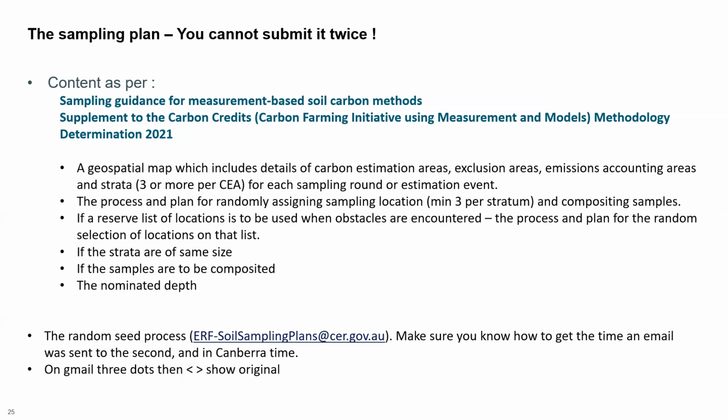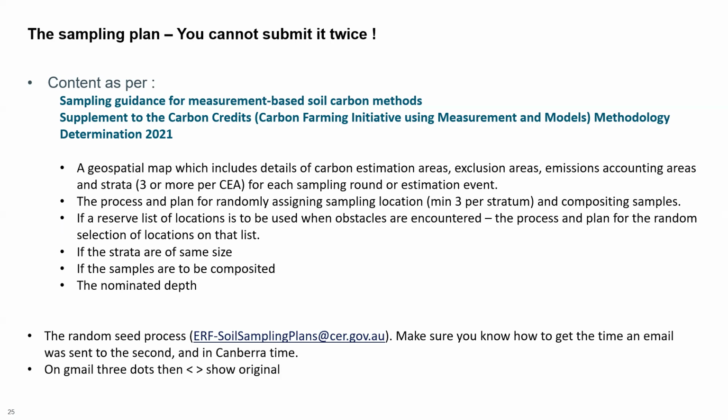That's it. So that's a sampling plan. Very important document, and very importantly, you cannot submit it twice. The obvious reason is that what the CI wants to avoid is you send a sampling plan, you get the sampling points back, and you see, oh no, they're not good enough. You know, they're near rocks, or they're too much on the ridges.